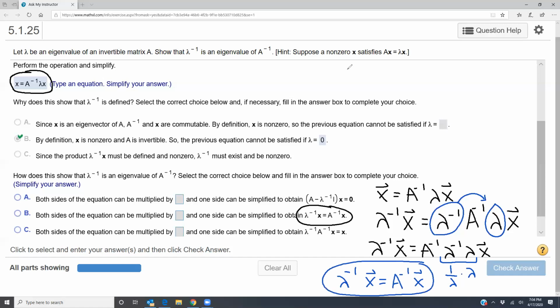So by definition, that is showing that lambda to the negative 1 is an eigenvalue of A inverse, because that's the definition of eigenvalue.